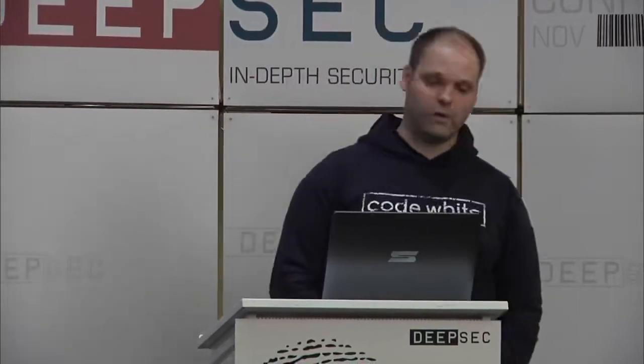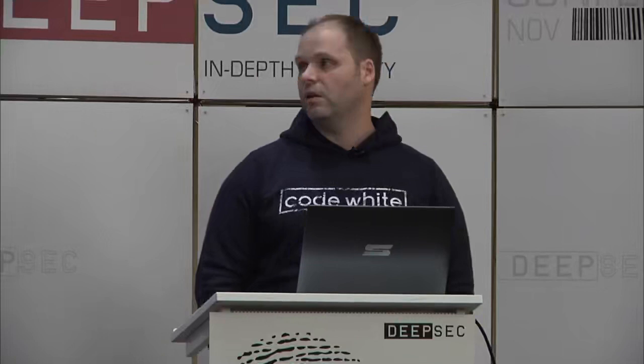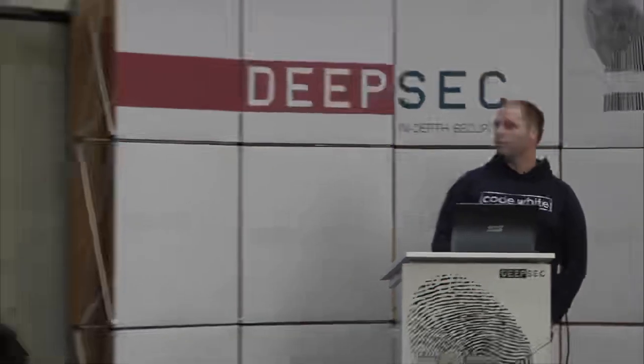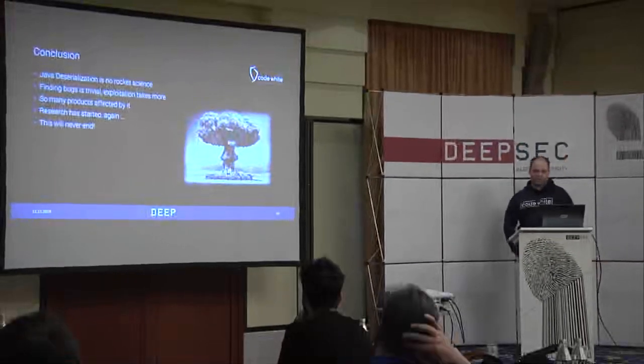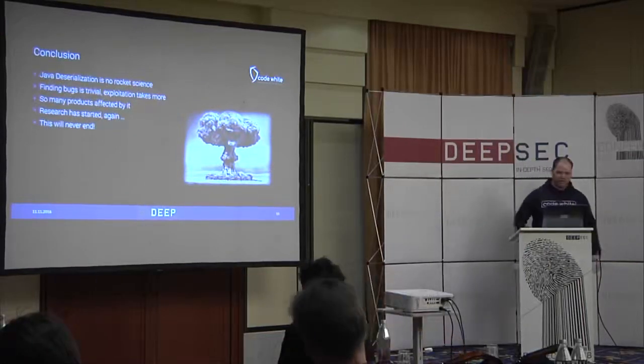Make sure that nobody will forget it again. Finding is trivial, exploiting takes a little bit more. So many products are affected by it, and I would say research has started again. If you look at the timeline, it has started again since 2015, and chances are high that this bug class will really get into minds right now. But my honest opinion is this will never end because it will get forgotten again. Okay, that's it. Thanks a lot for attending.